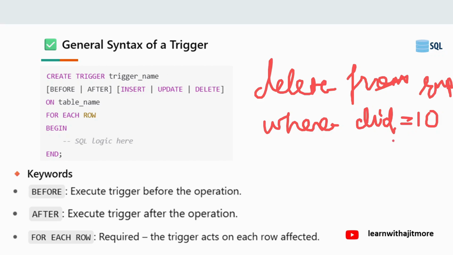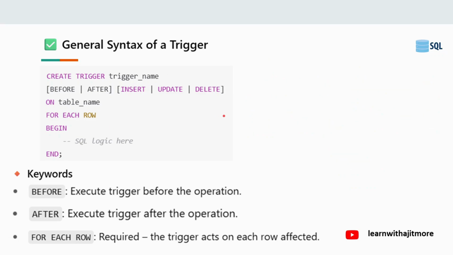There can be one or more records in the employee table belonging to department 10. So if there are 10 employees in department 10, 10 times it is going to execute this code. Means for each row, it is going to execute the code. The trigger acts on each row affected by that statement. The statement is one, but for however many rows are affected, this code is executed that many times.